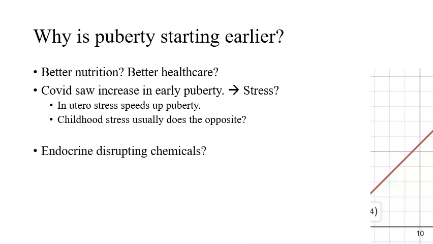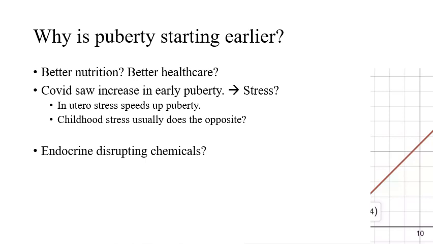And the idea is if the mother is stressed, if the infant is stressed, that means that there's probably a high risk of extrinsic mortality, or at least there was in our evolutionary history, which means your best life choice is to have reproduction as early as you can, because you might not get a chance to later.